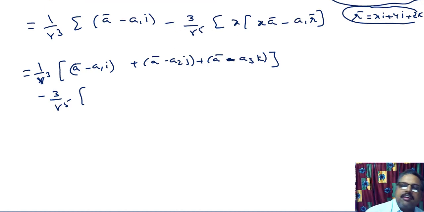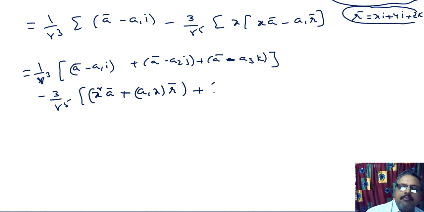Here x into x square, x square into a bar, first term, a1 x into r bar. This is the first term.